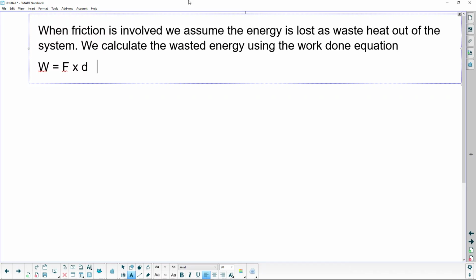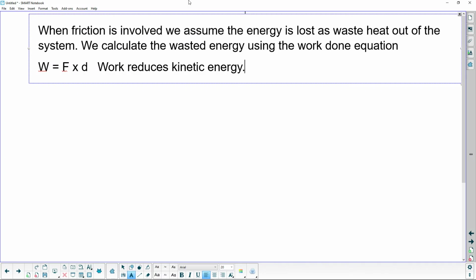Okay, so this work reduces energy, kinetic energy, we'll say. Okay, as it's going to turn it into heat.